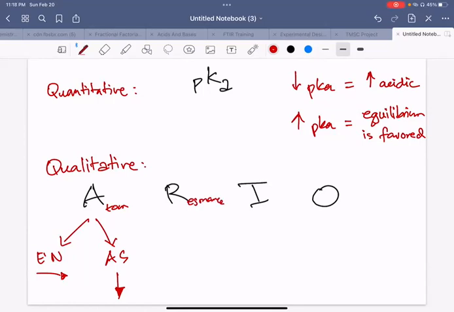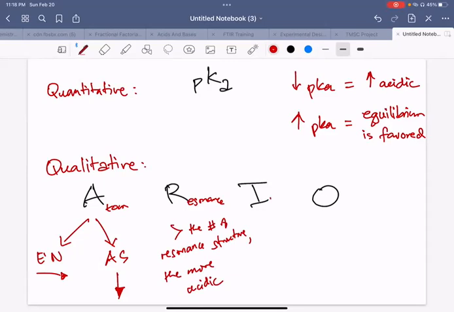Whichever has resonance is the more acidic compound, and you can easily determine which species undergoes resonance by looking at whether there is a nearby pi bond. And the greater the number of resonance structures, the more acidic the compound is.